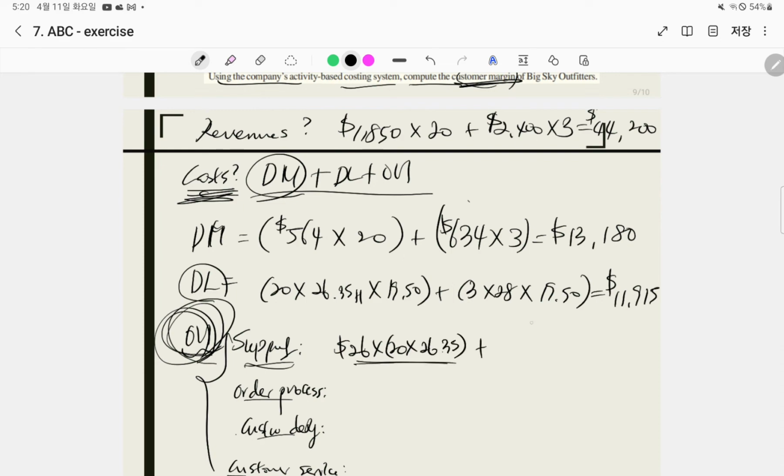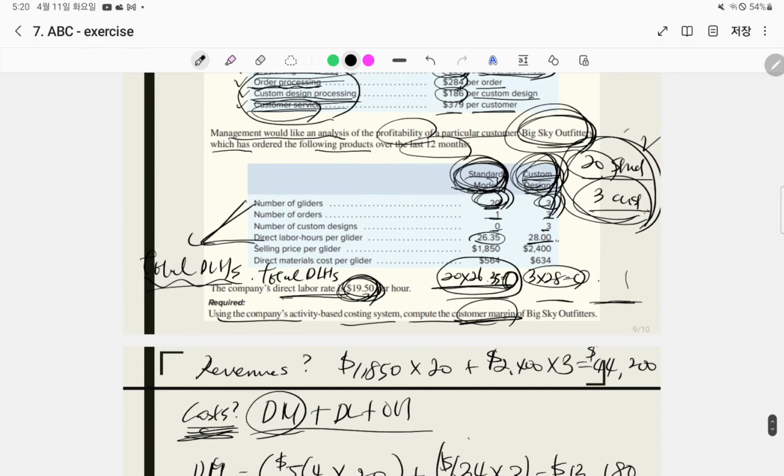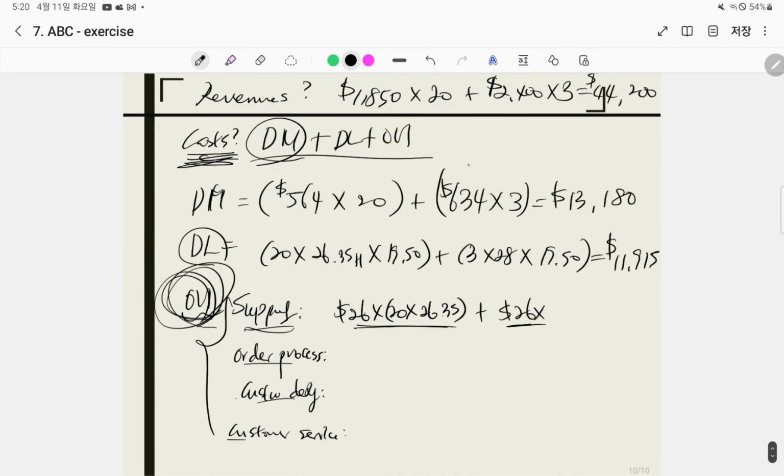So this is for the standard model, and for the custom design model, $26 per direct labor hour times direct labor hour. Direct labor hour is 3 times 28. So supporting direct labor hours in total is $15,886 for Big Sky Outfitters.